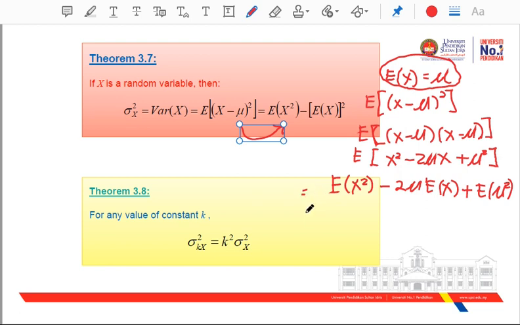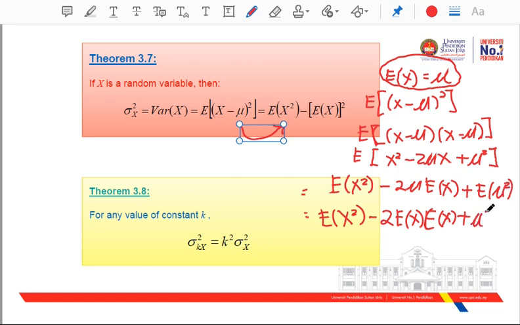And this one is actually E(X squared) minus 2. I want to change mu into E(X), so it becomes E(X) times E(X). And remember, expected value of a constant is a constant, so I treat mu squared here as a constant.